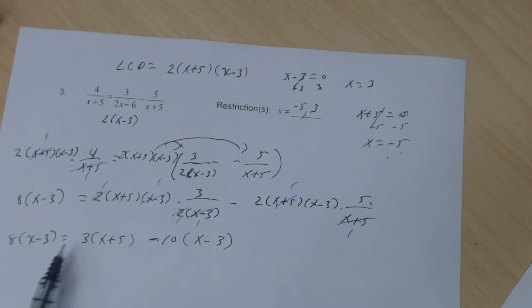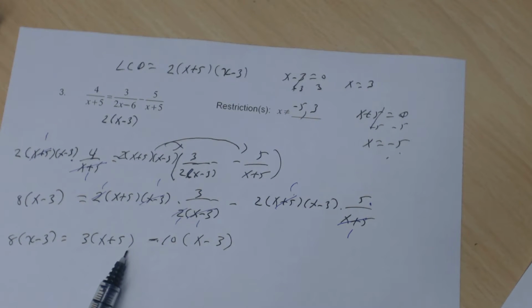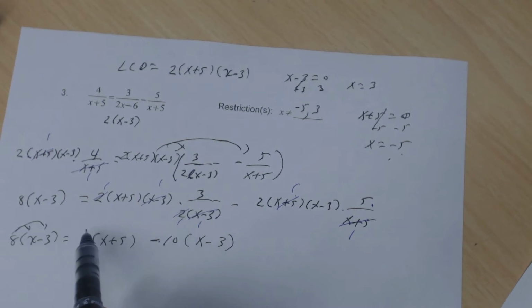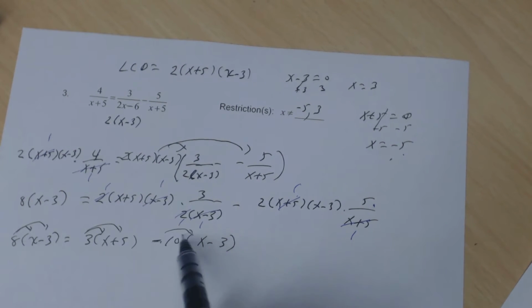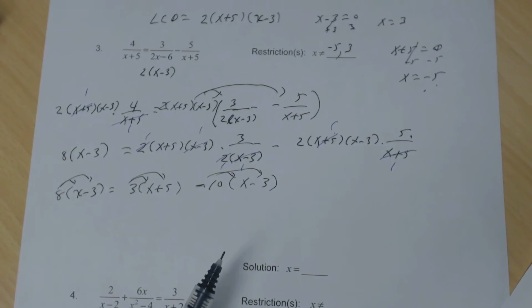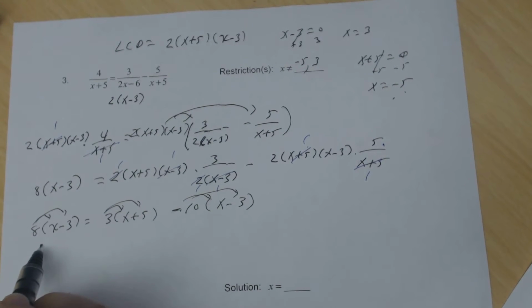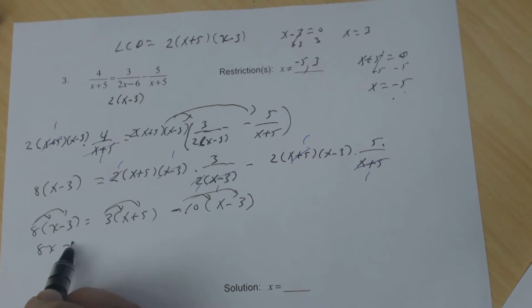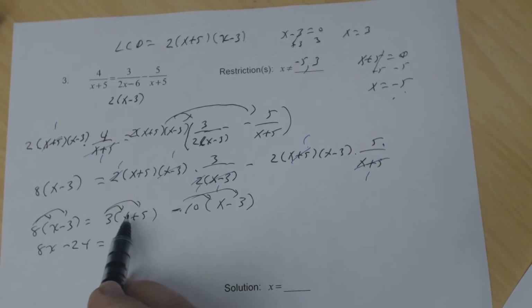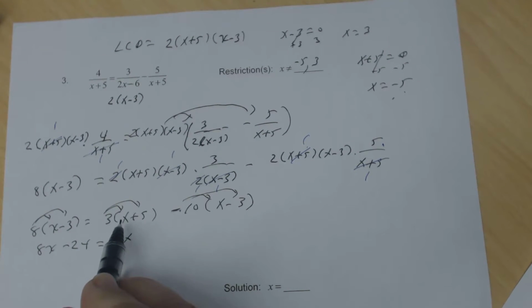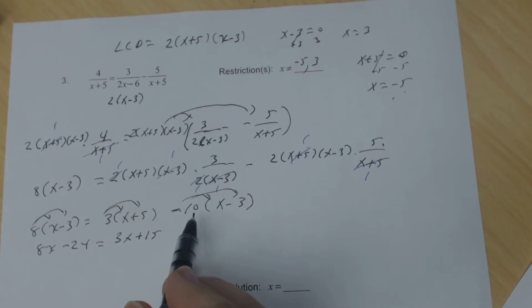And now we're going to distribute. Notice I no longer have these denominators, so now it's going to make things a little bit easier for us. We just need to distribute 3 times. And so I get 8 times x is 8x. 8 times a negative 3 is a negative 24, equal 3 times x is 3x. 3 times 5 is 15. And then you're going to distribute the negative 10.